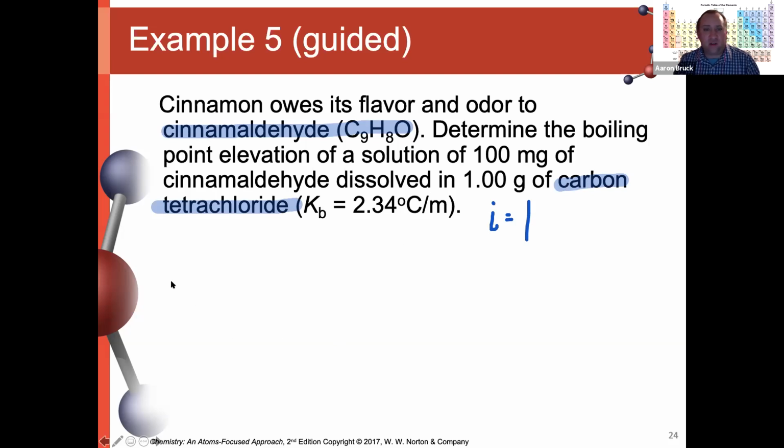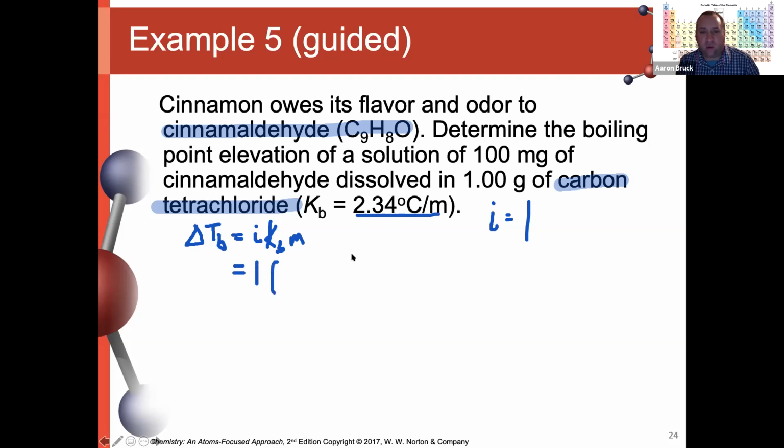All we need to do is figure out the boiling point elevation. So we need to figure out delta TB. And delta TB is equal to I KB m. I, we know, is 1.